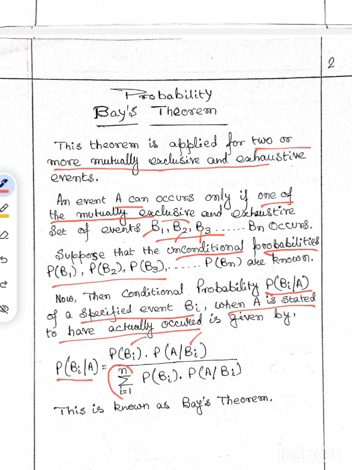Here the denominator is a summation, that means all probable outcomes of A, where it may occur, from the first box to the nth box. Therefore, the denominator is the summation of P(Bi) into P(A|Bi). This is the total number of cases, and out of that only one event is favorable to us.